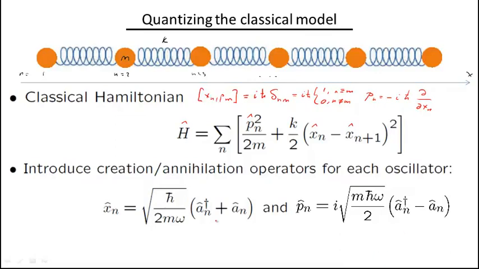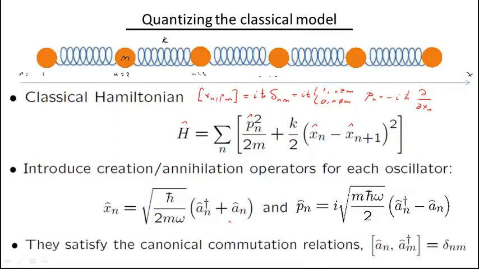And of course these creation and annihilation operators satisfy their own canonical commutation relations as here. They commute with one another, their commutator is equal to 0 if they correspond to different atoms, and otherwise if they correspond to the same atom, a n commutator with a dagger n is equal to 1.